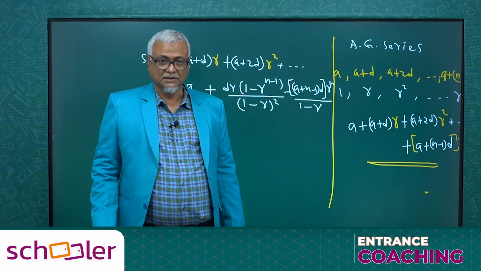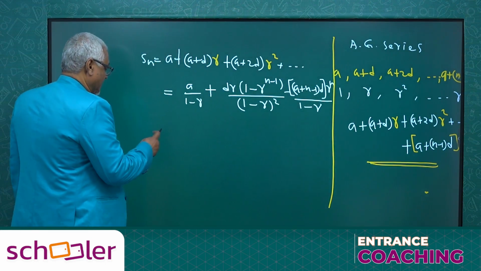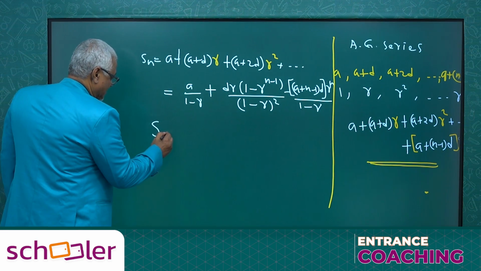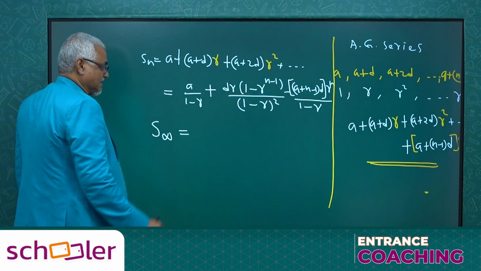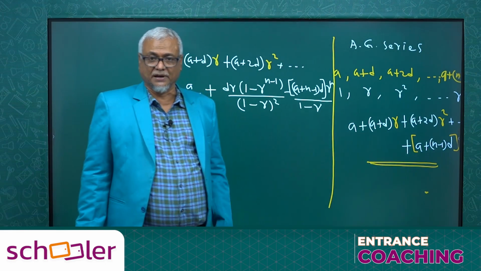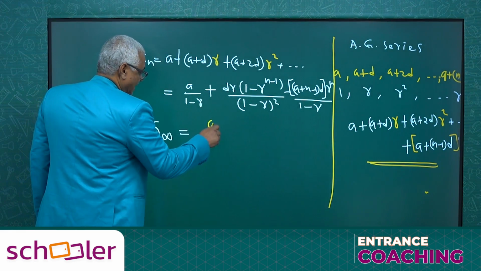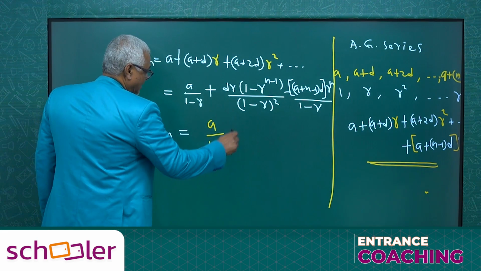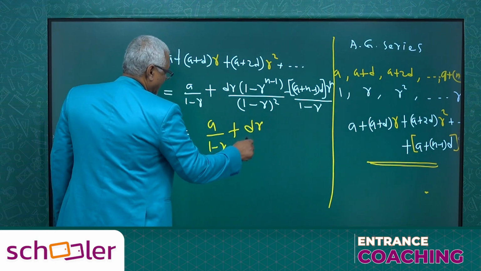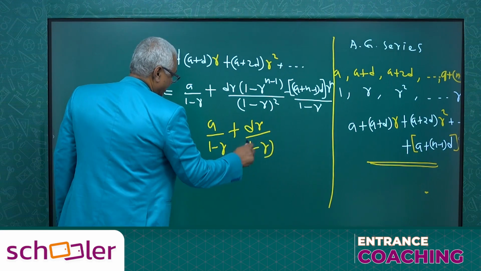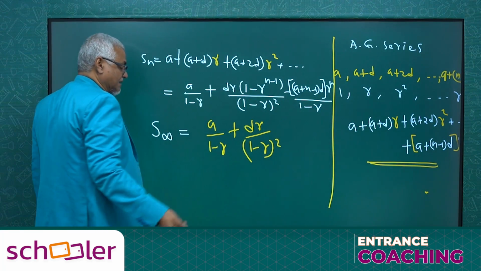And for the sum to infinite terms, the common ratio should satisfy the condition modulus r less than 1. Then only can you sum infinite terms. The answer is a by 1 minus r plus dr by 1 minus r whole square. What will happen to the other terms?